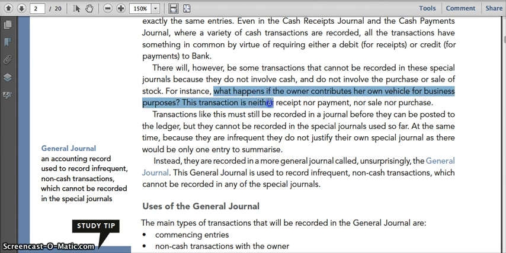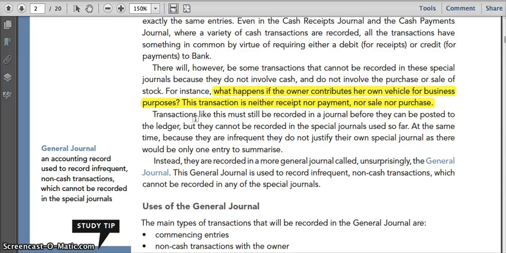This is neither a receipt nor a payment, and nor is it a purchase or a sale. So let's keep that in mind as we go through. The transactions obviously still need to be recorded before they're posted to the ledger at the end of the month, but they can't really be recorded in any of the special journals that we've had a look at.